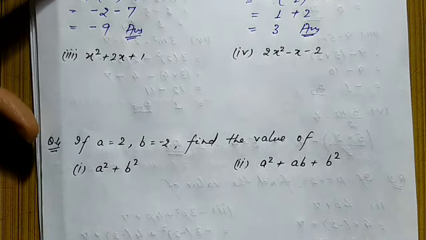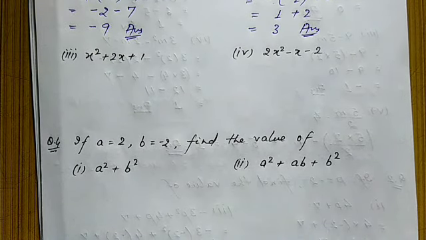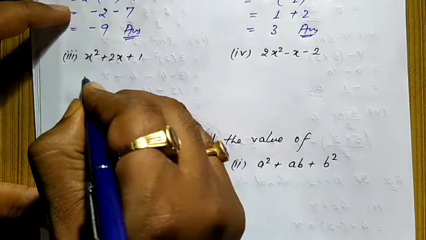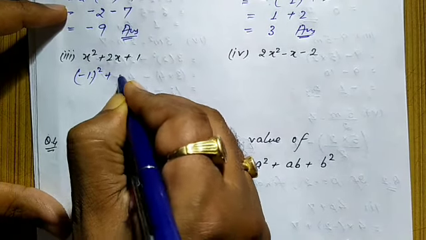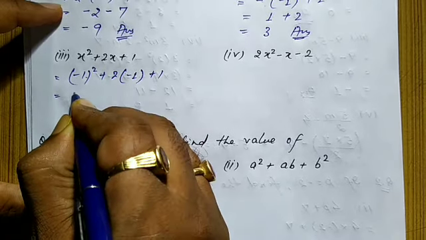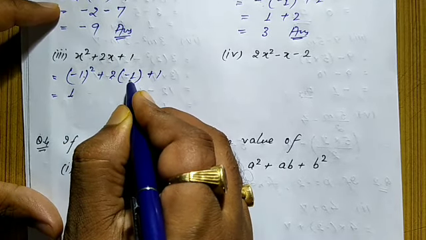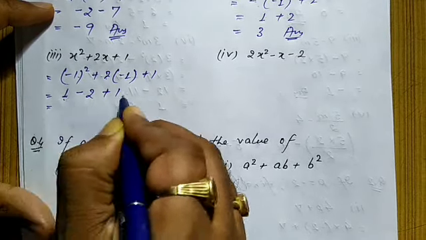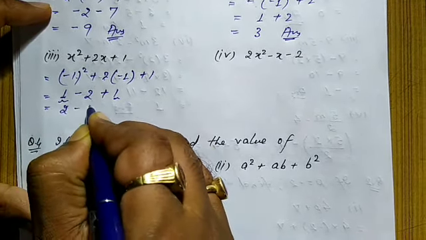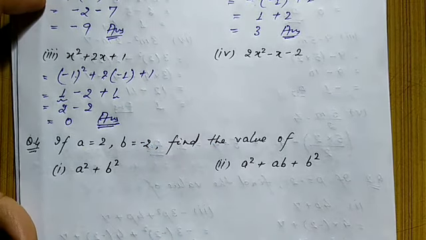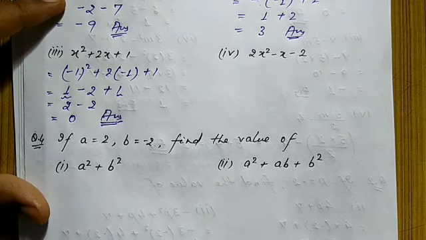Come to the next one, x square plus 2x plus 1. Minus 1 whole square plus 2 into minus 1 plus 1, minus 1 whole square is 1, 2 into minus 1 will become minus 2, plus 1, 1 plus 1 is 2, 2 minus 2, 0. Okay, the answer is 0.